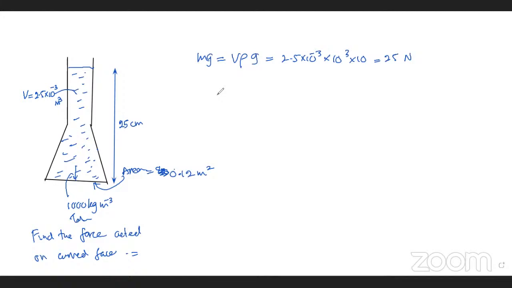The force experienced by the pressure on the bottom wall is h rho g A, where A is the area of the bottom surface, 0.12. h is 0.25 meters, rho is 1000 and g is 10. So it gives you 12 into 25.